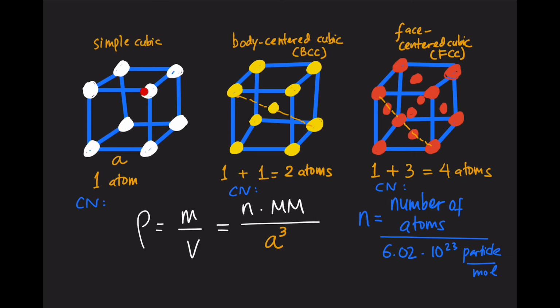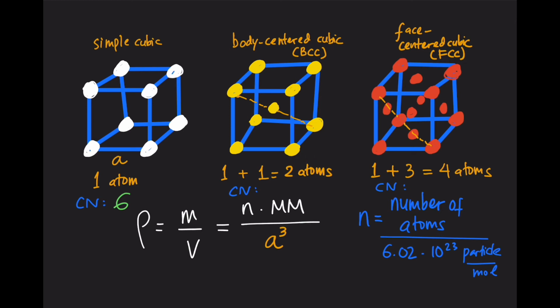So also 1 on the front part and 1 on the right part. So we can calculate the immediate neighbors for this atom: that would be 1 to the back, 1 to the front, 1 to the left, 1 to the right, 1 to the bottom, and also 1 to the top. So we actually have 6 neighbors, so the Cn will be 6 for a simple cubic.